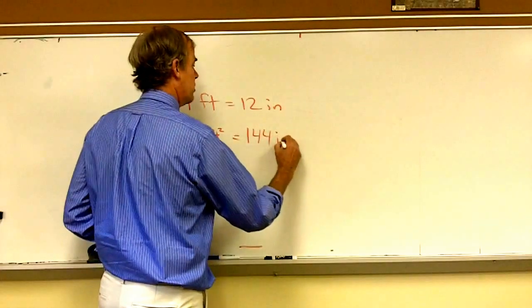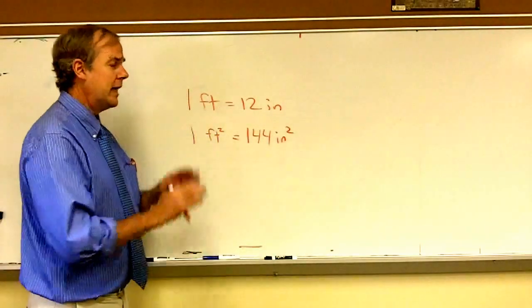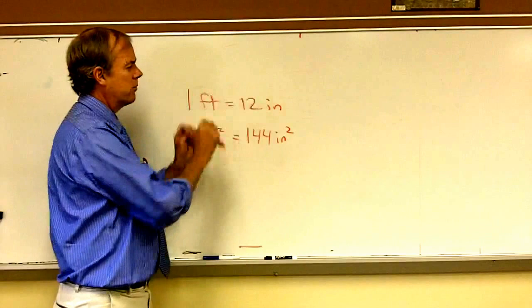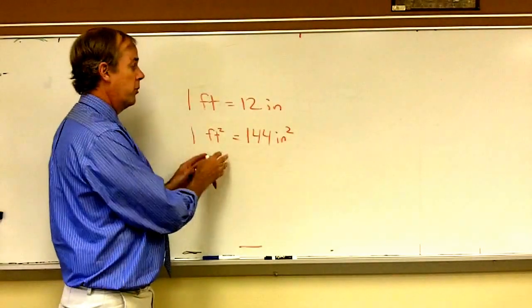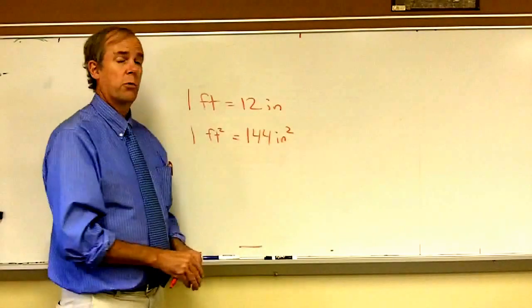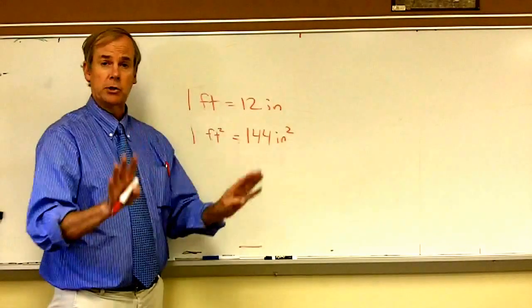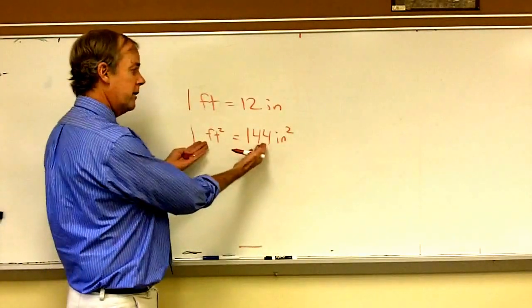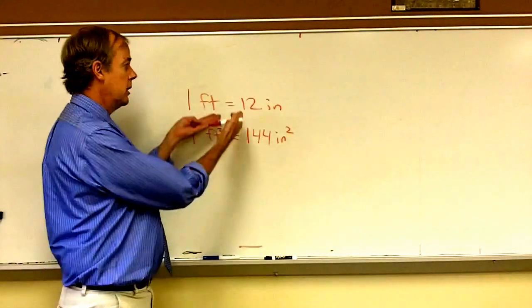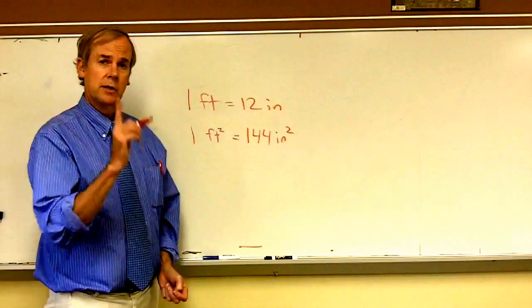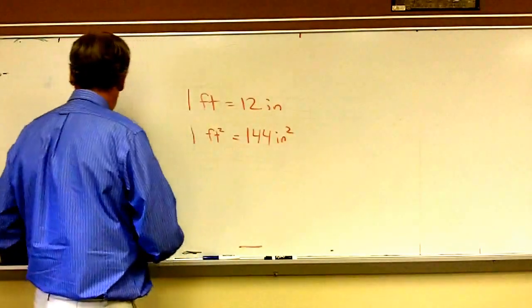And inches times inches is inches squared. In other words, if 1 foot equals 12 inches in one dimension, then 1 square foot equals 144 square inches in a two-dimensional area. And I could use this as a conversion factor for a two-dimensional conversion, just as I could use this for a one-dimensional conversion.